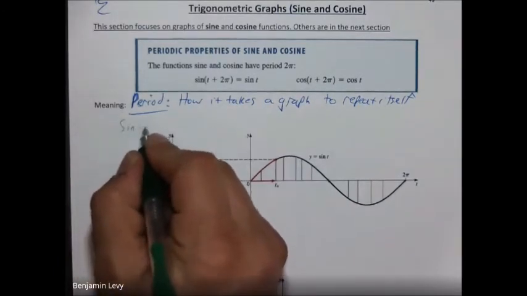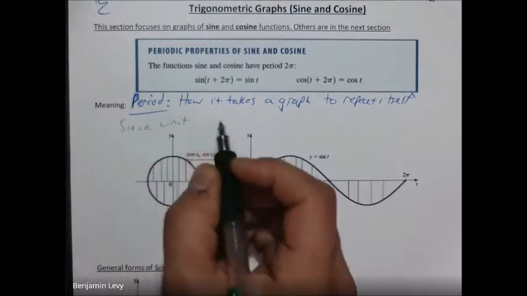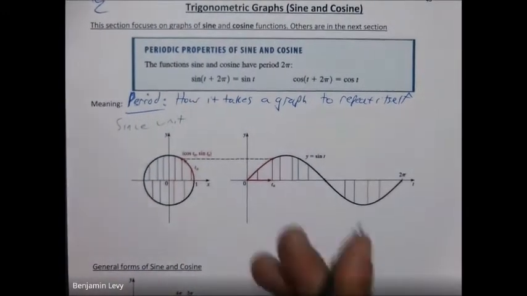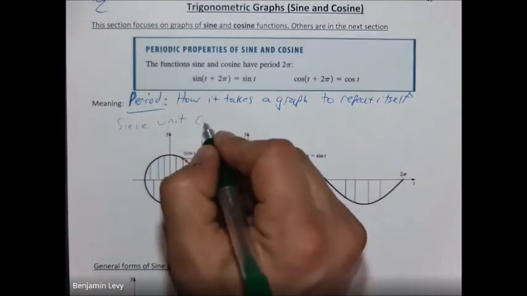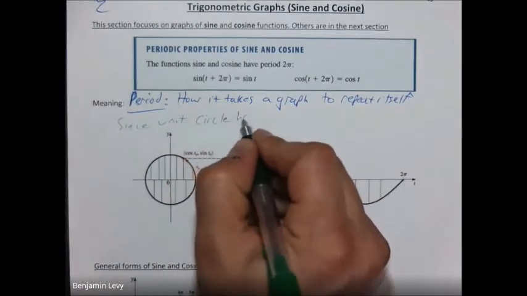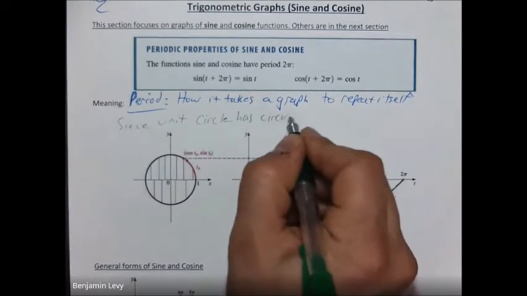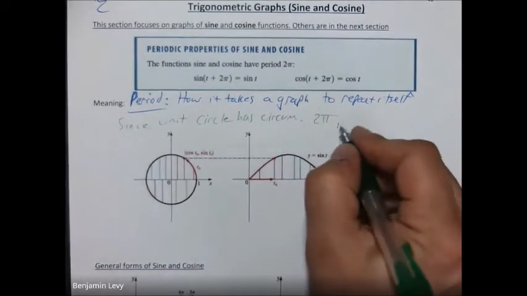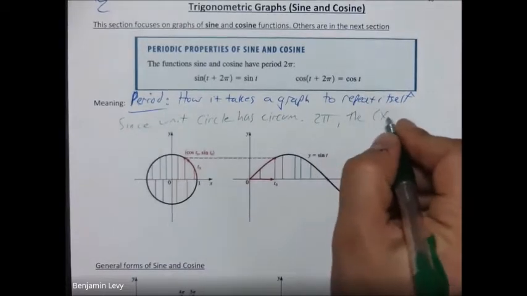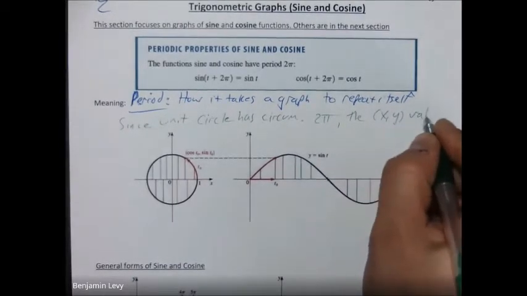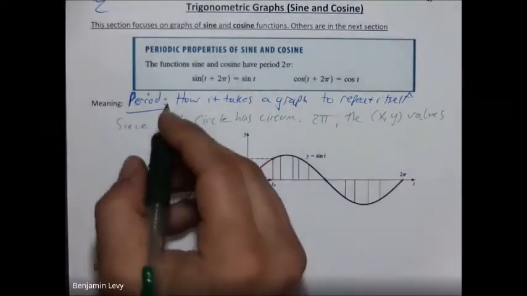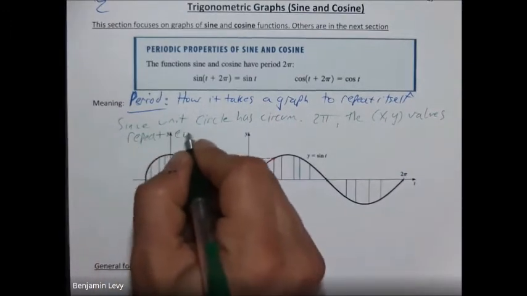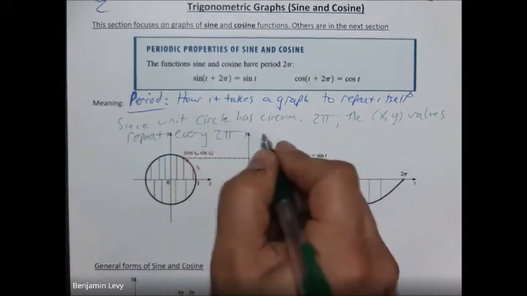But I do want to just write it here. It's helpful to just write this stuff down so when you're reading this later, you say, oh yeah, that's why that's true. So anyway, since the unit circle has circumference 2 pi, that means that the x, y values on the unit circle repeat themselves every 2 pi units.